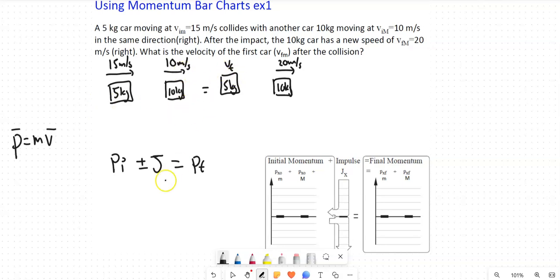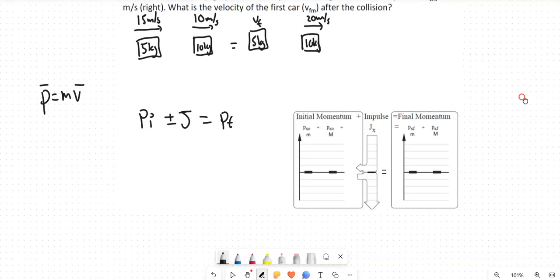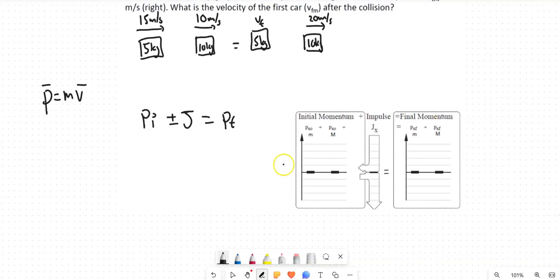Well, this storyboard is this equation in a way. So here's what I mean. The initial momentum is this entire side right here. This whole thing is the initial momentum, Pi.